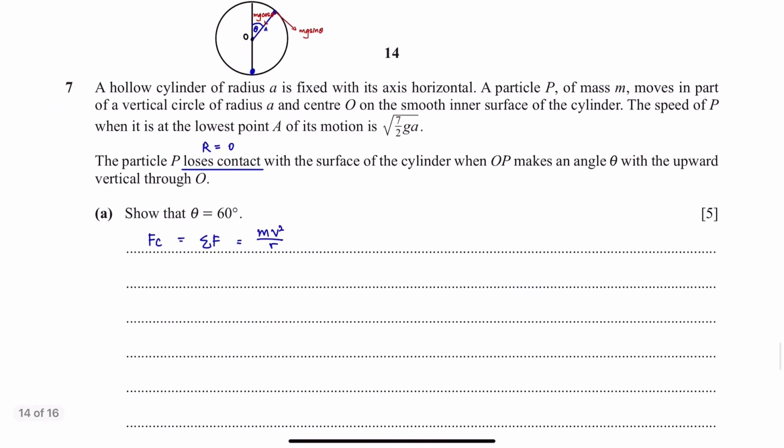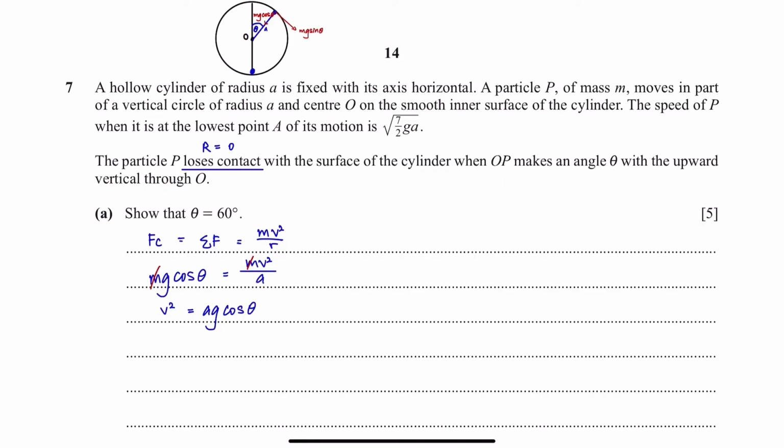So the net force is mg cos theta equal to m v squared over a. So we cancel m, and we know that v squared equals a g cos theta. So we know the speed of the particle when it loses contact with the surface of the cylinder.